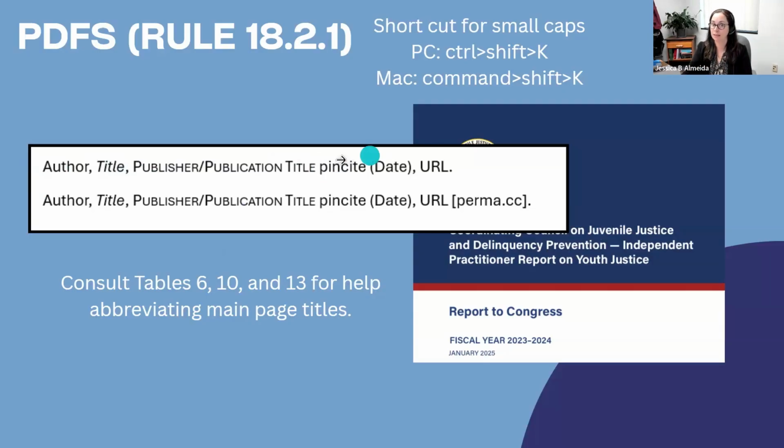You could have your pin site and then the date that it was published would be in parentheses, comma, the URL, period. Now to use this one, I usually tell students that what you want to see, and you'll see it in my example, is that the URL is going to end in PDF. Let's take a look at that.